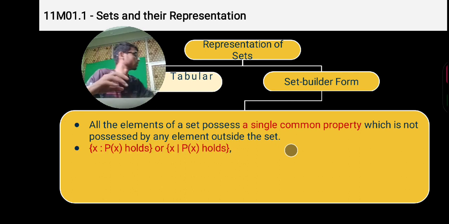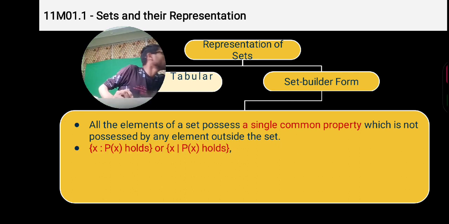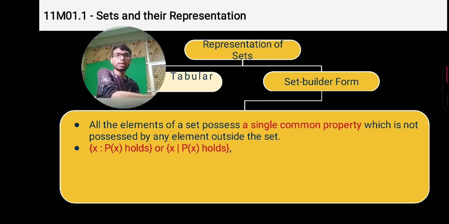Let's understand this with an example. Here x, with a single property: x such that p(x) holds. This is what a set builder form is.